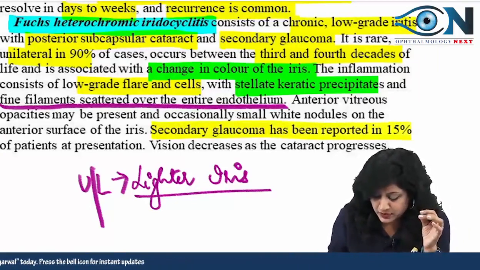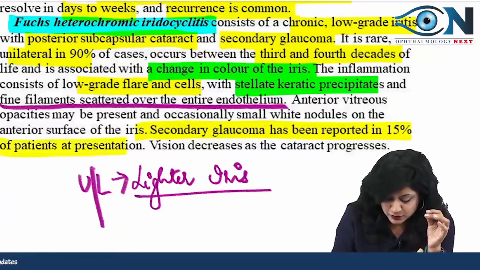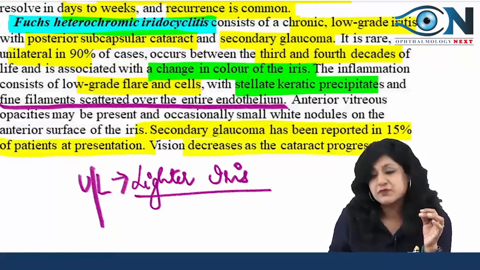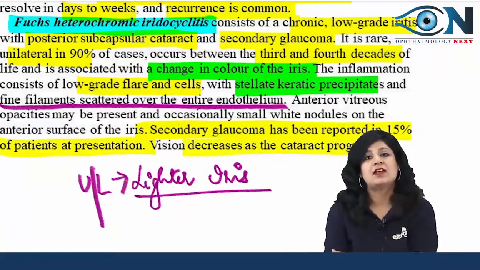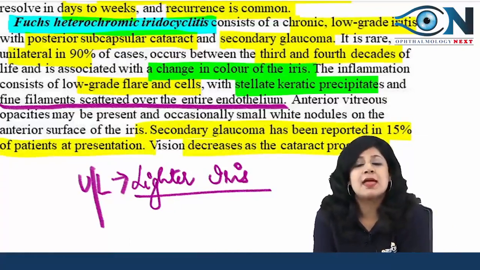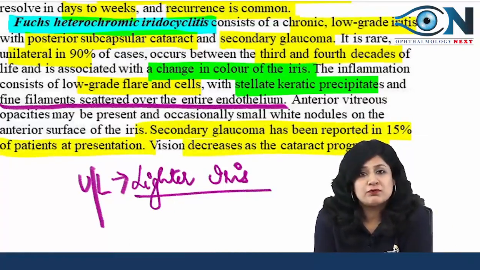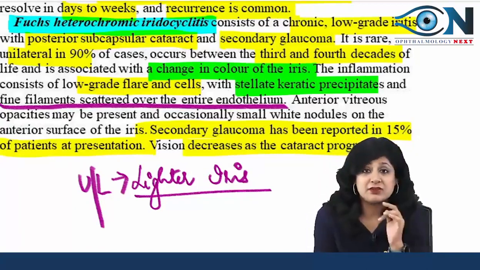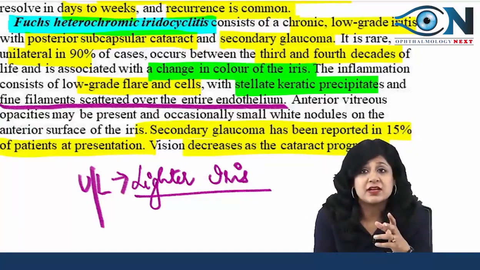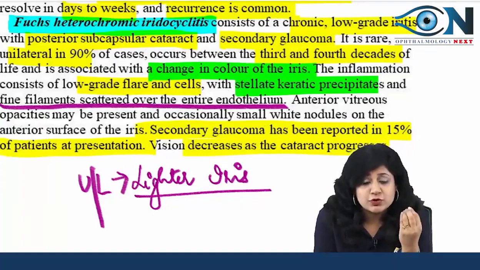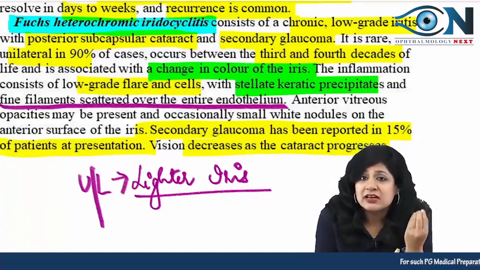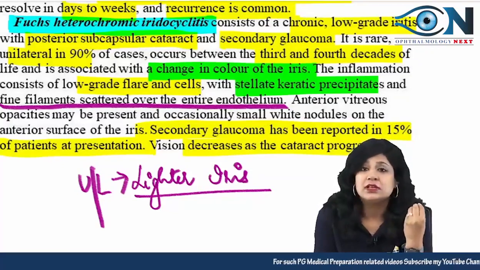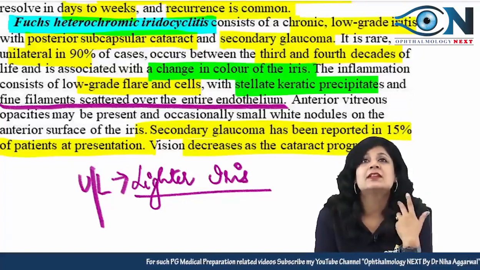Secondary glaucoma is present in about 15% of the patients, and obviously vision will decrease because the cases of cataract are also there. So if I compare, I have a little more amount of inflammation as compared to the glaucomatocyclitic crisis. I have the secondary glaucomas, I have the cataract here also. We have heterochromia of the iris, we have stellate KPs, unilateral, 3rd to 4th decade, females.